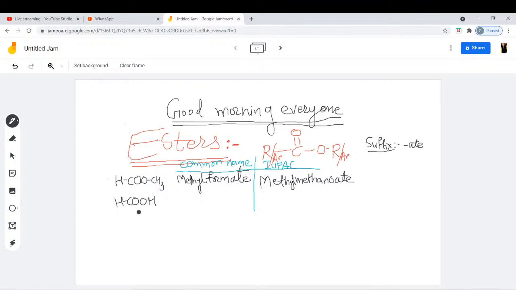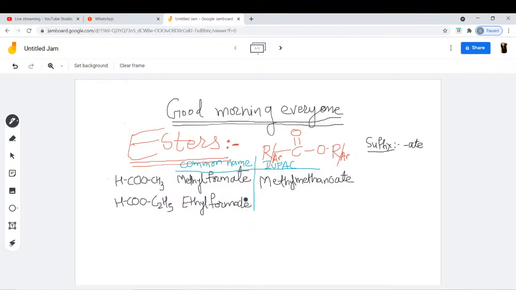Again this is formic acid, but I am replacing this hydrogen and attaching an ethyl group, C2H5. Instead of methyl there is an ethyl group, so its name will be ethyl formate.